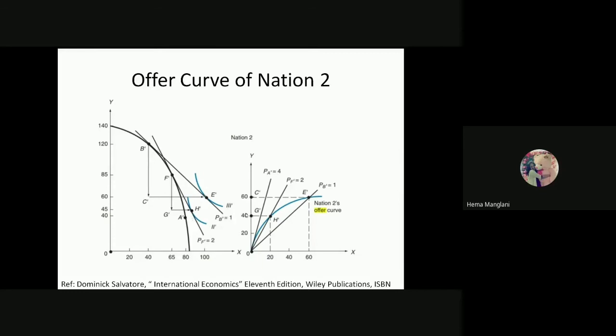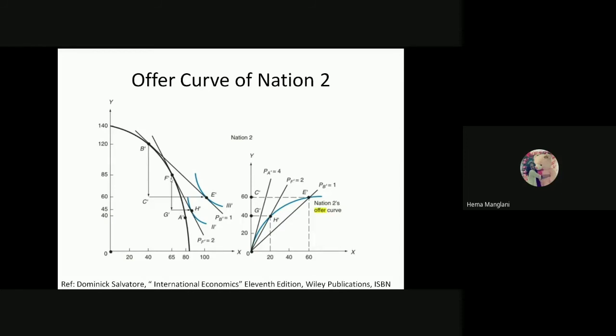It means the country would like to consume more of commodity X. So the pro-trade situation says that the country has to produce more of commodity Y, that is the pro-trade in production, and the pro-trade in consumption is that the country has to consume more of commodity X. It means the country cannot consume more of commodity Y because it has to offer it more to the outside world.